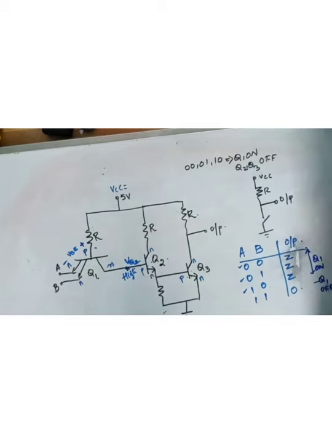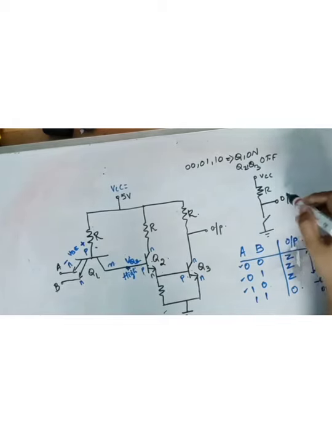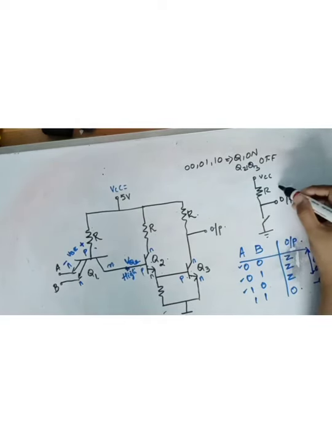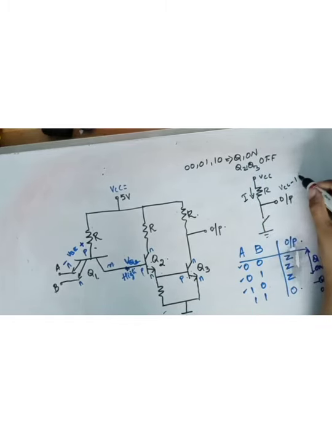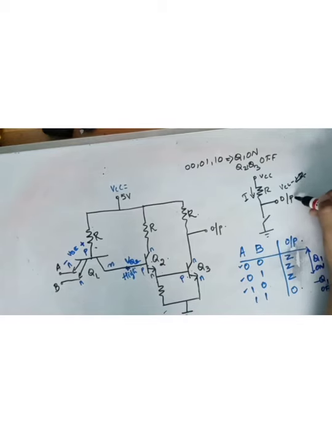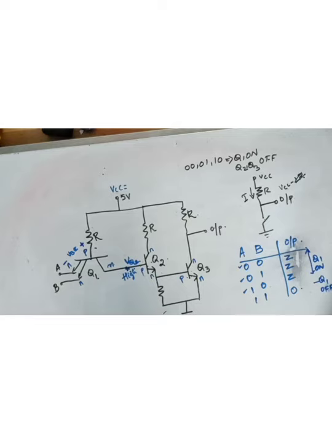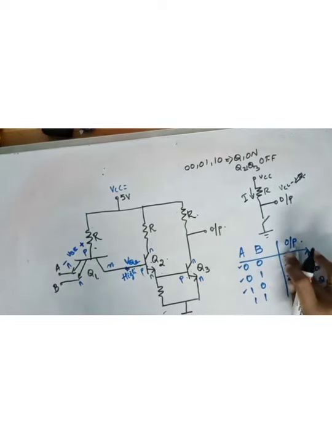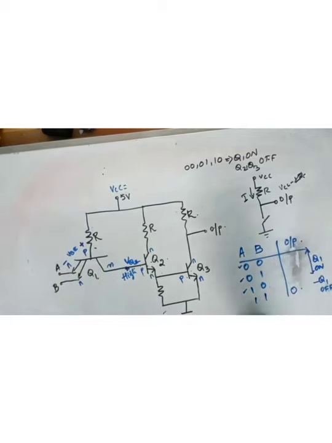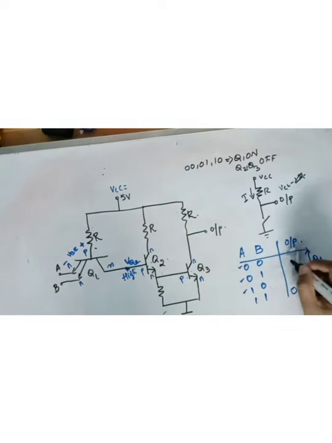So there is no current. So since there is no current, what is the output? The output here is VCC minus the current I into R. But I is 0. So output equal to VCC. So here output is VCC in these three cases. VCC is 5 volt. 5 volt means it is a high voltage.